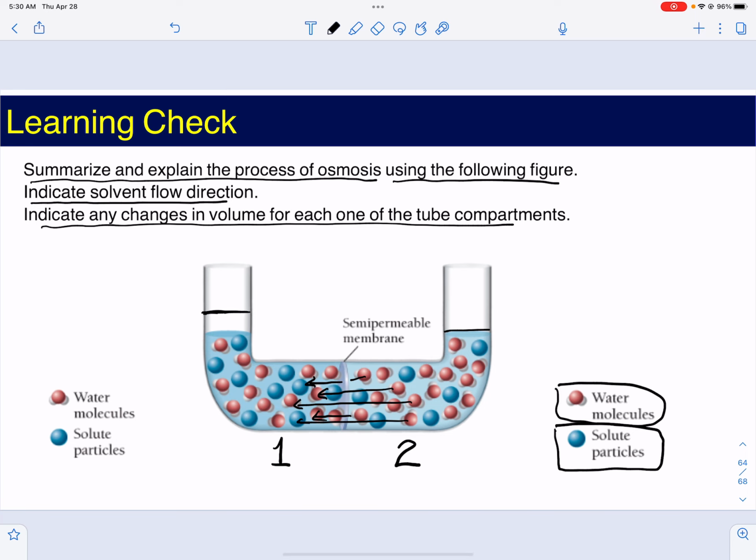And since we're losing water molecules from the right side, the volume on the right will have to decrease. So by the time you finish, you should have an equal percentage of solute to solvent molecules on the left as you have on the right. And that's how osmosis works.